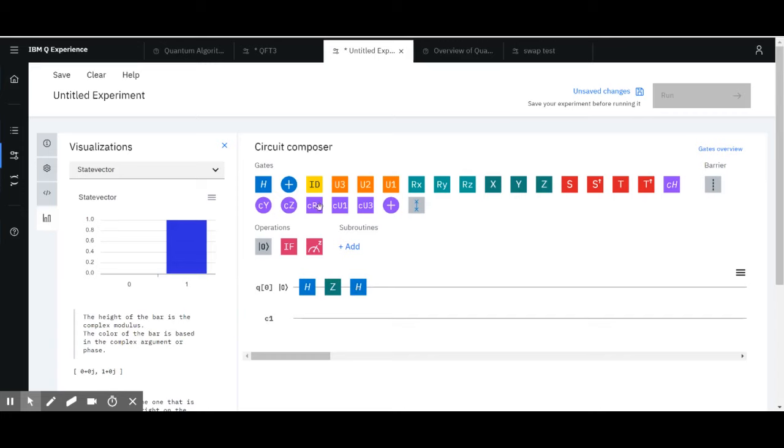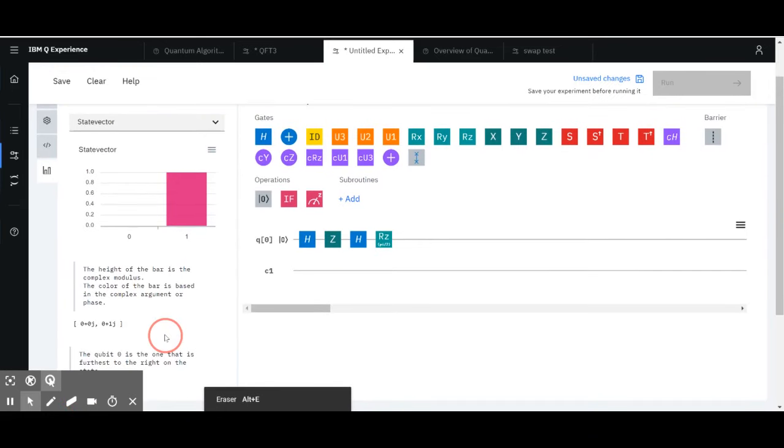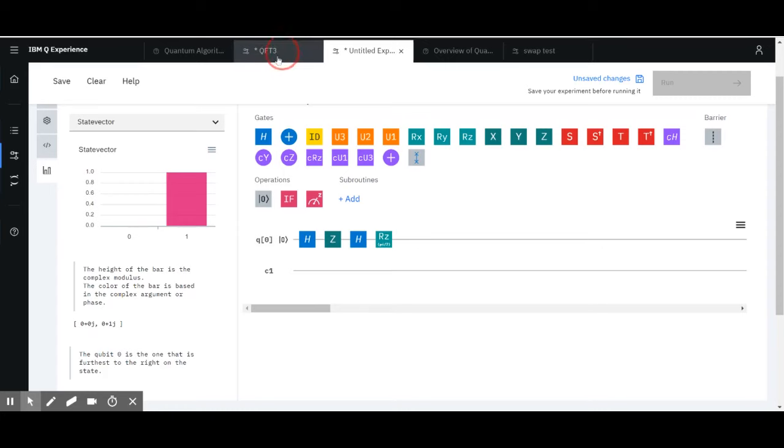If I now apply a Z rotation, now I'm like, but here it all went here.